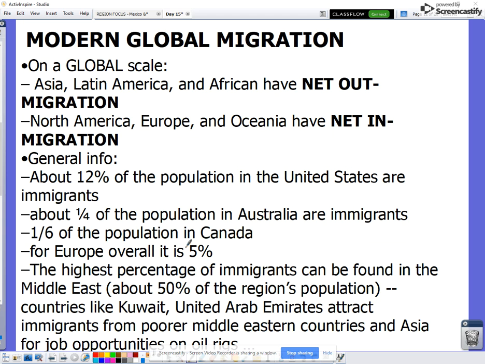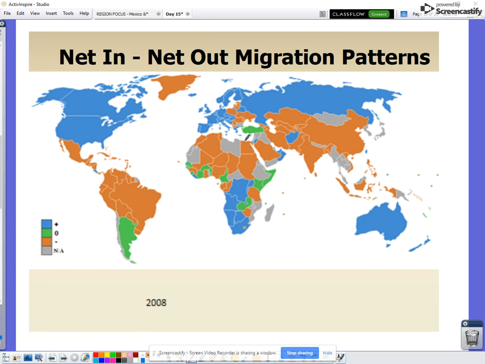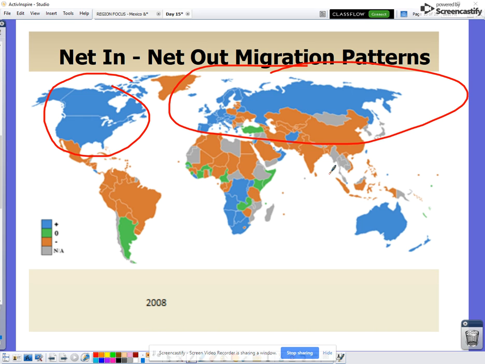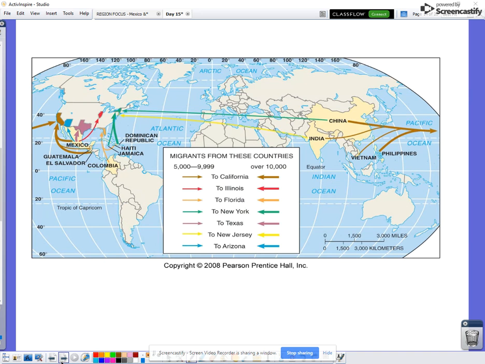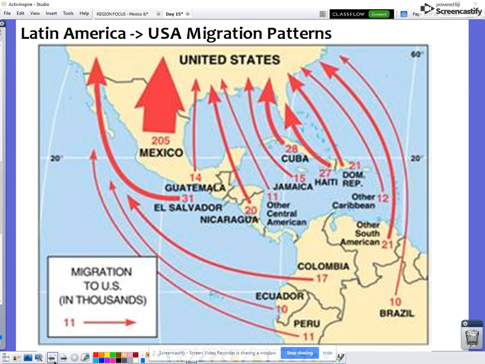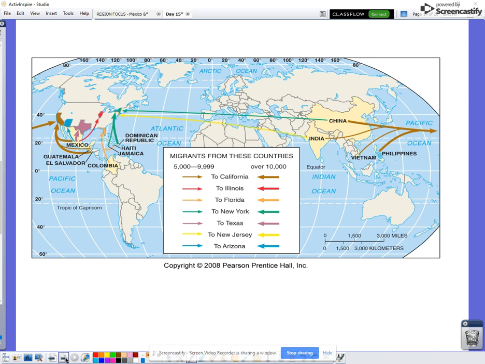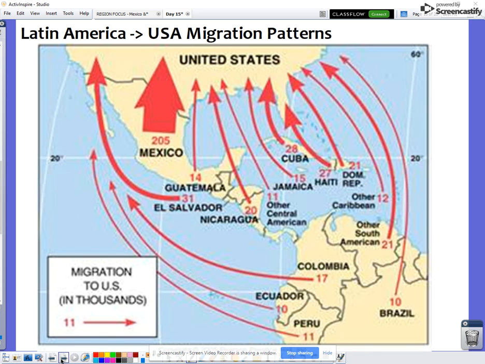And as far as who is getting the refugees, the places that have net in-migration are getting most of these refugees. We can also see some trends as far as where Latin Americans and people from around the world are coming into America. They're all along the coastline with the exception of Illinois, which obviously has Chicago.